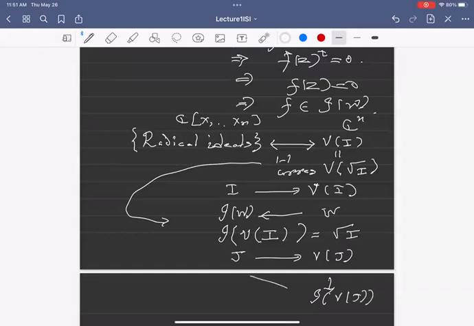Then I will get back J. So taking a radical ideal to its variety and taking a variety to its ideal, they are inverse operations.